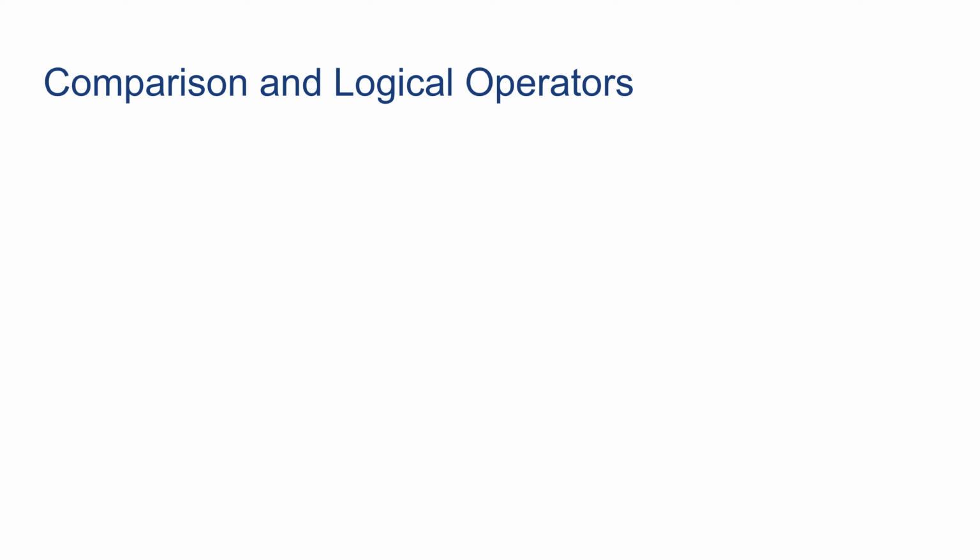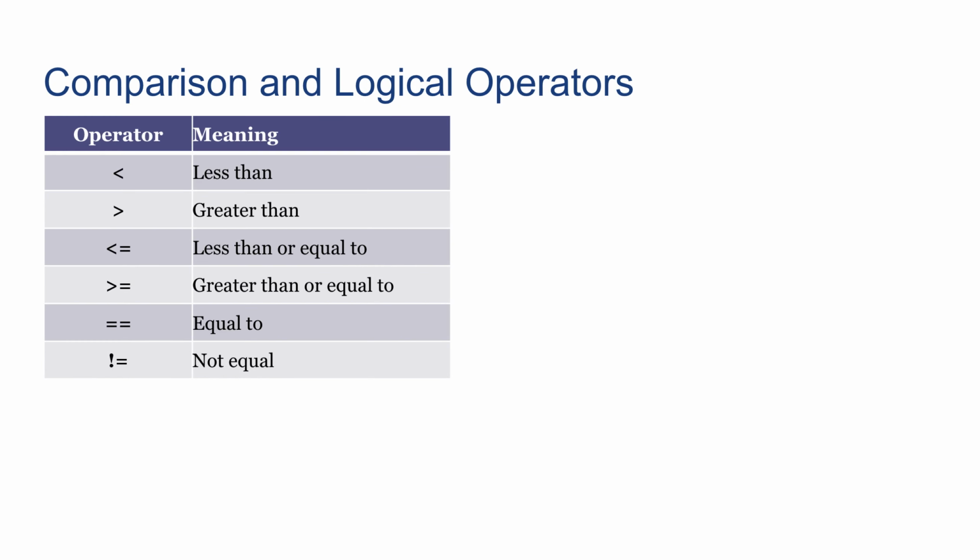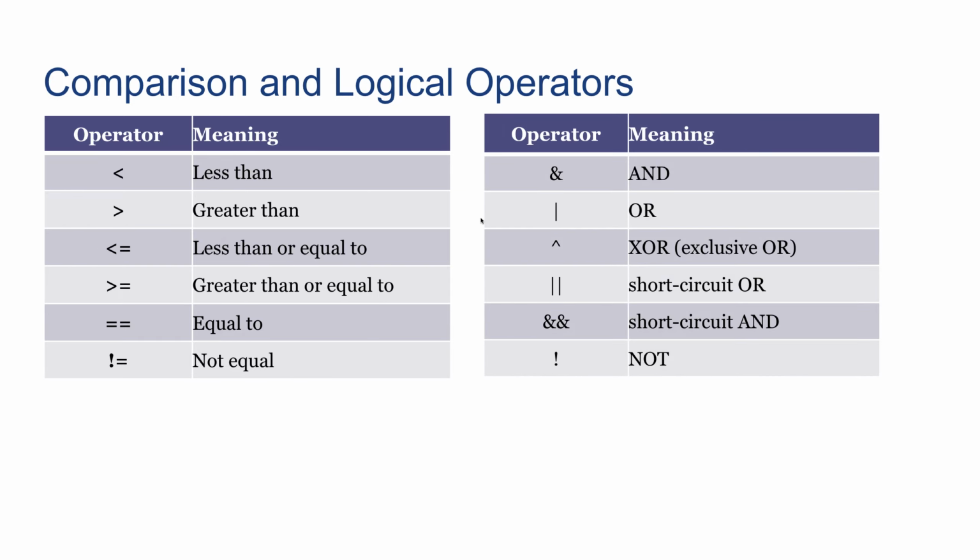So let's start comparison and logical operators. Last lecture we saw the comparison operators: less than, greater than, less than or equal to, greater than or equal to, and not equal to. Now let's talk about the logical operators, which compare two Boolean expressions to each other.